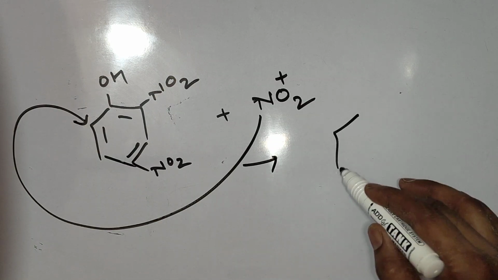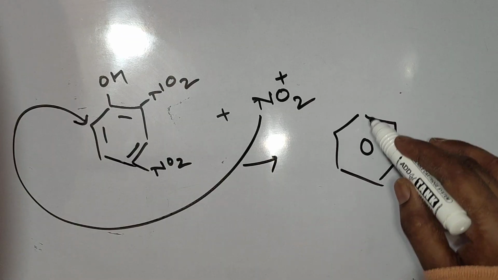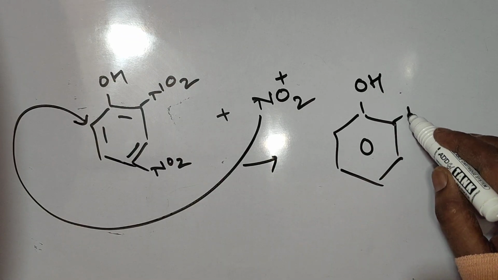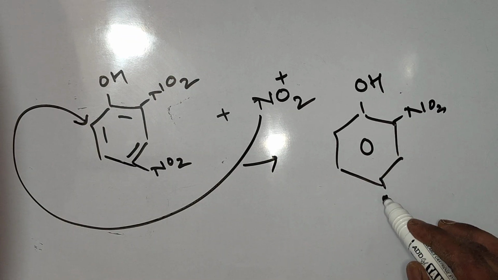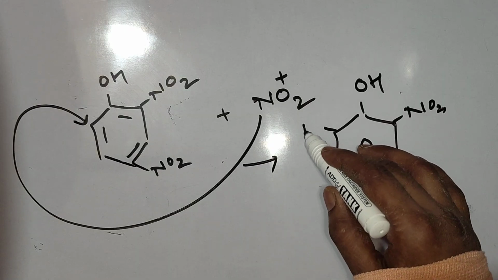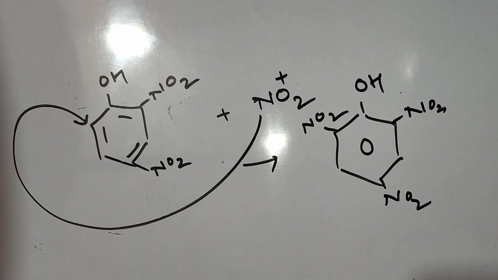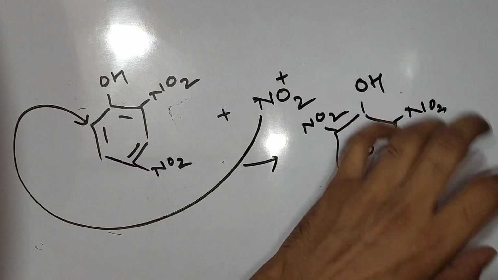And then finally we will get this particle, picric acid, this one. That's it. In this fashion we can create picric acid in good amount. It is in very high amount.